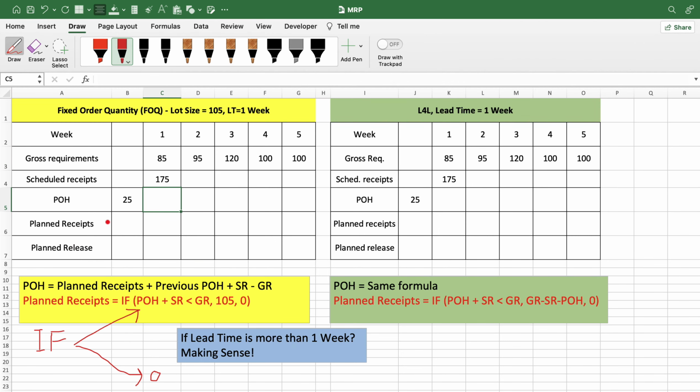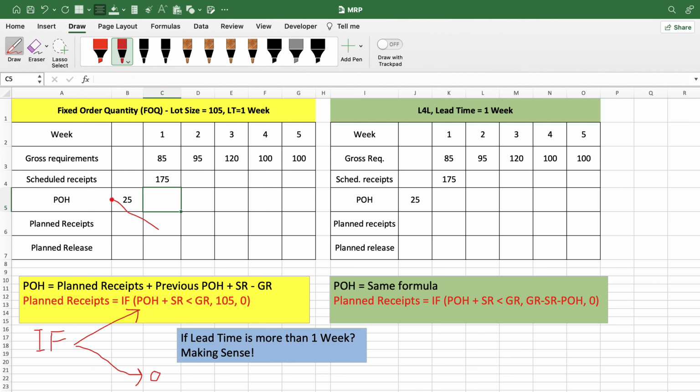If you recall, for projected available balance in earlier videos, we used an approach that was a semi-isosceles triangle or a broken arrowhead, and the approach was that this quantity, that's planned receipts, and projected available balance are added, and the gross requirement or customer demand is subtracted from that. But over here we'll add one more thing, scheduled receipts that we will be receiving soon, and then this will be subtracted.